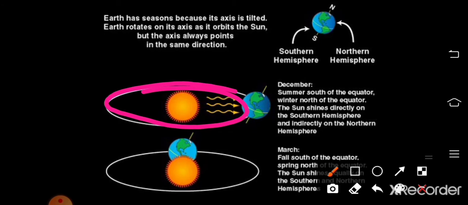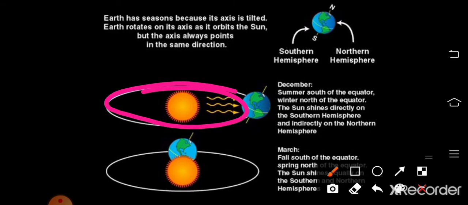During the December month, south of the equator experiences summer season. And what about the northern hemisphere? It is winter. So winter north of the equator and summer south of the equator. The sun shines directly on the southern hemisphere and indirectly on the northern hemisphere.